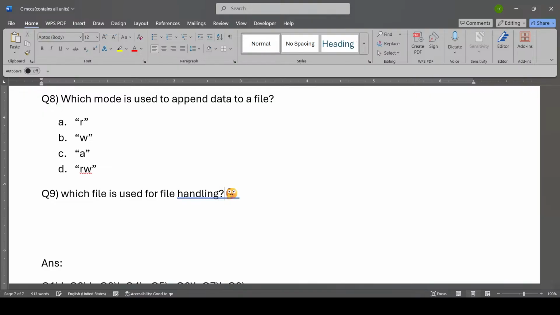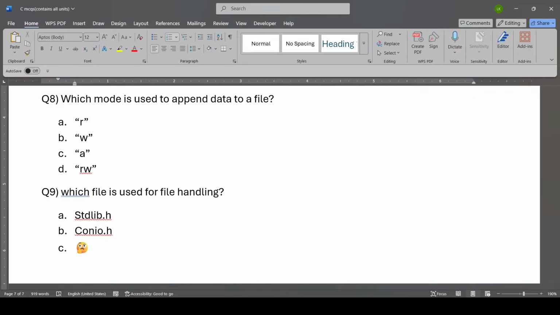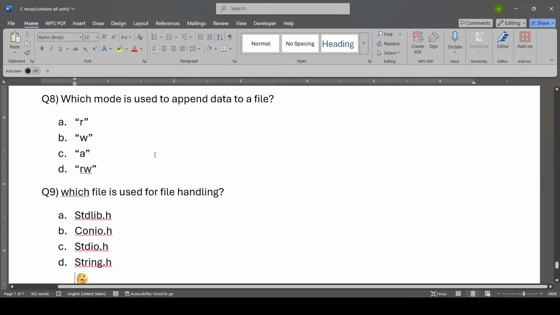We have here the first option, stdlib.h. Next there is conio.h. Next there is stdio.h. Next there is string.h. So which one is applicable? Give me the answer for number 9.